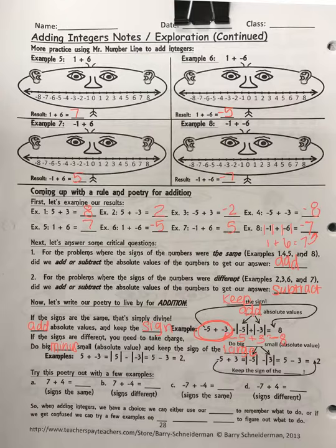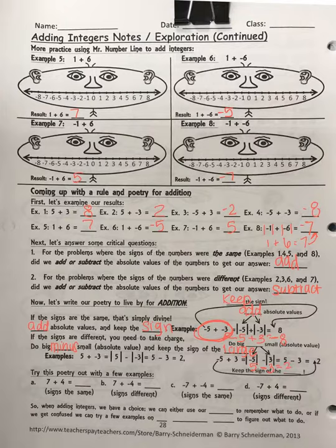Let's look at some examples where they were different. So -5 minus 3. What's the absolute value of -5? 5. What's the absolute value of 3? 3. Since they're opposite signs, we are going to subtract, right? 5 minus 3 equals 2.